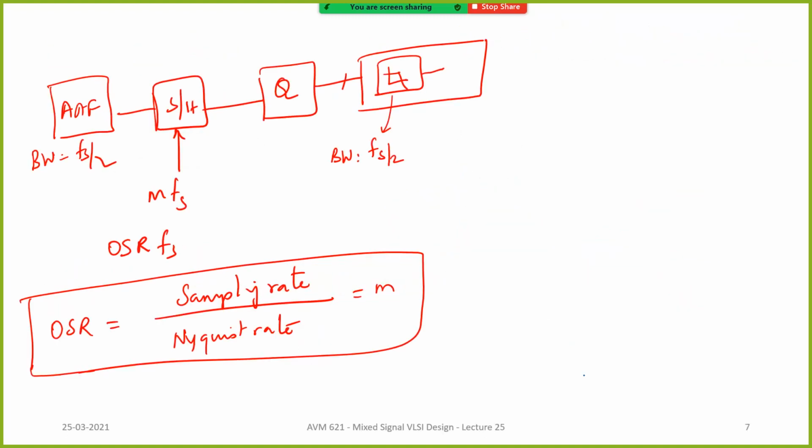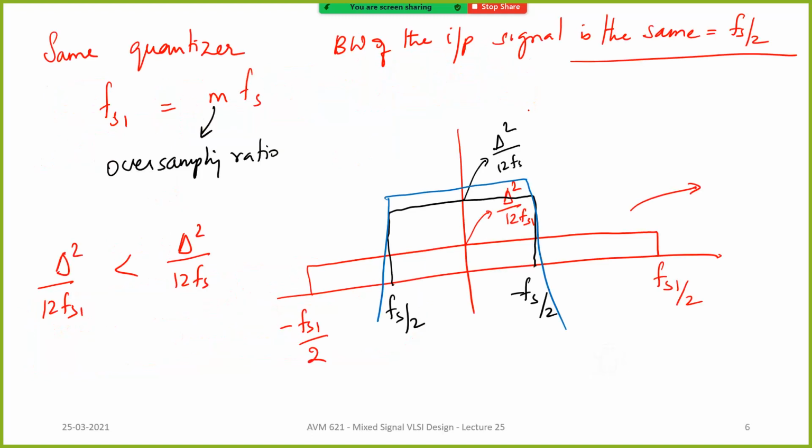And after this, I can decimate it down by a factor of OSR. So now I will have digital bits at a data rate of Fs. Now, by doing this, do you think I have some advantage or not? Yes or no? Less quantization power, exactly. Earlier I had a larger amount of quantization noise.